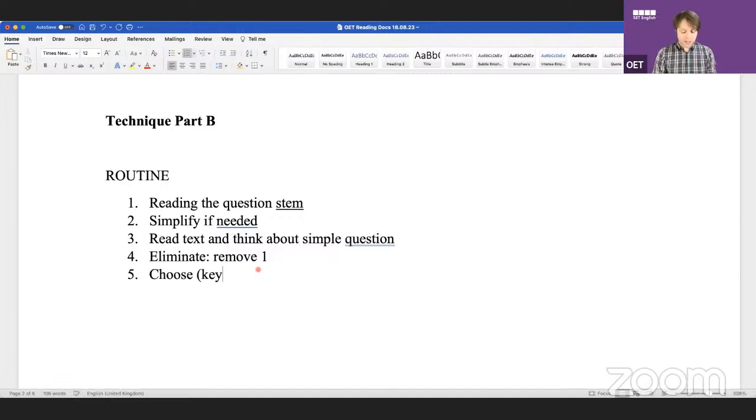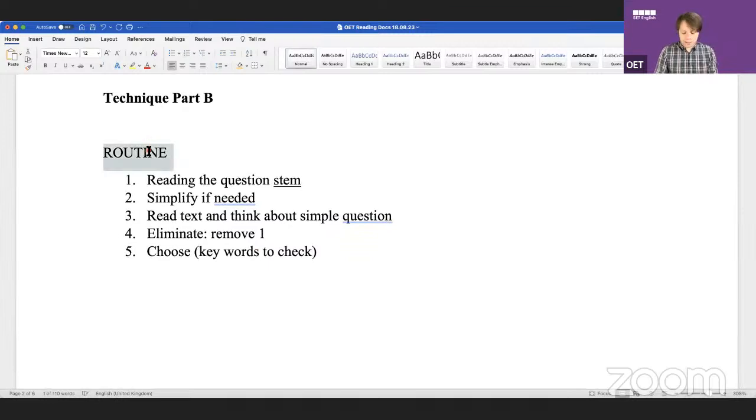Look for some keywords now, if you want to check. But don't do that at the start. This is a main idea reading test, so you cannot just get the answers from specific words, okay? So this is the routine, the technique.